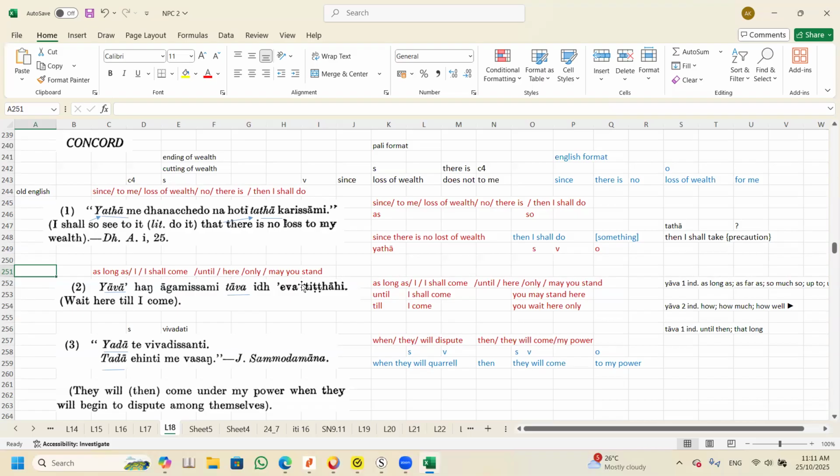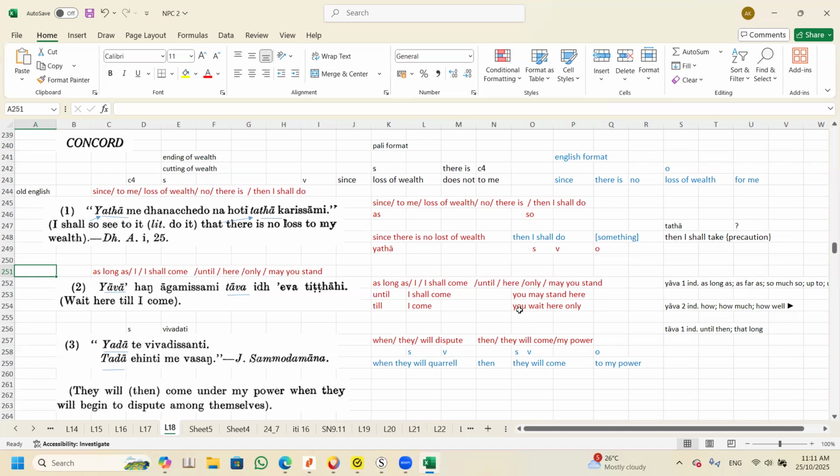So what you do is take the main verb, titthahi, imperative. Can you see imperative? So we take this word first: "you may stand here". This is an adverb, so it means "you may stand here", or you can use the word "wait": "you wait here only".